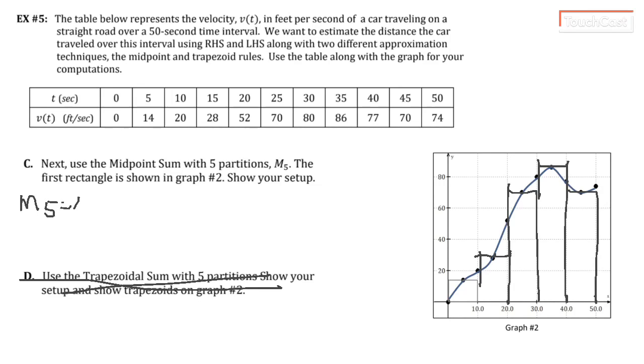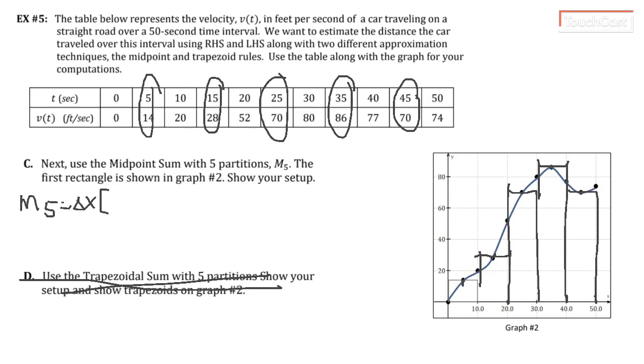We're going to take our delta x, and this time we've got x values at 5, 15, 25, 35, and 45.